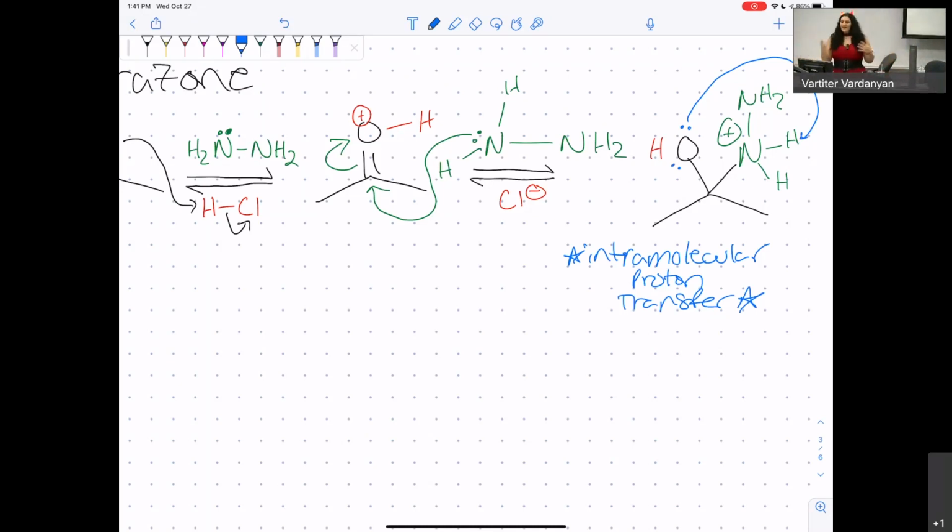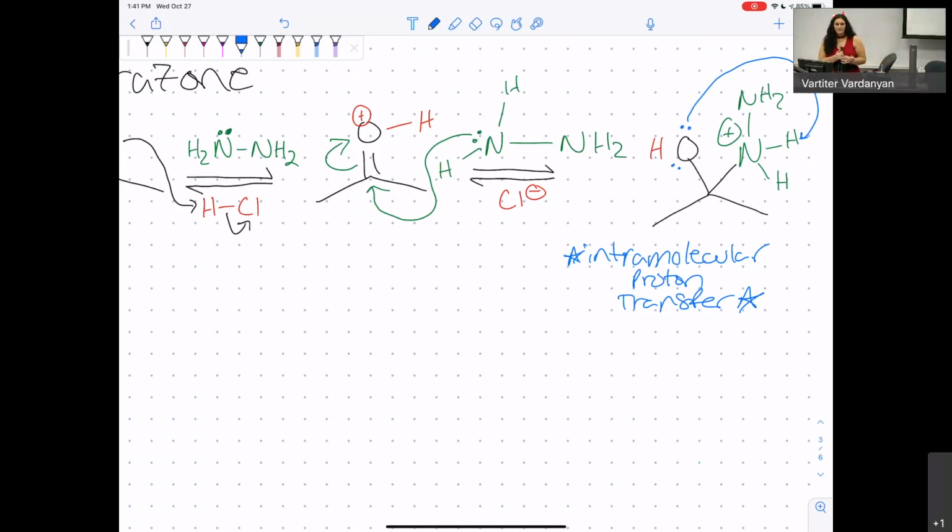So every professor has their own opinion on it. For the purposes of this lecture, we're going to say that the hydrogen could either go in two steps or it could do the intramolecular proton transfer. This is just easier to draw. So this is what professors usually draw instead of drawing all the little steps.